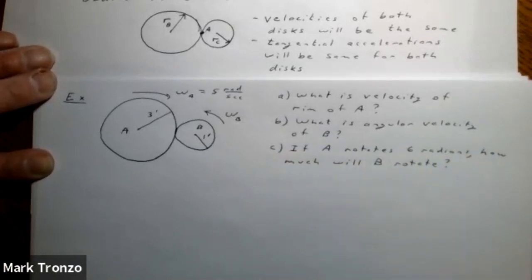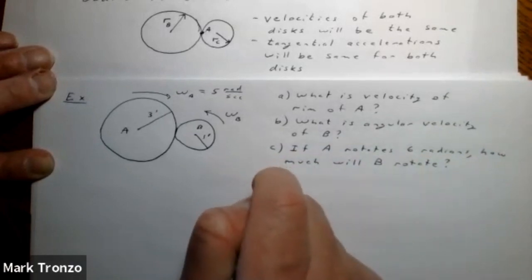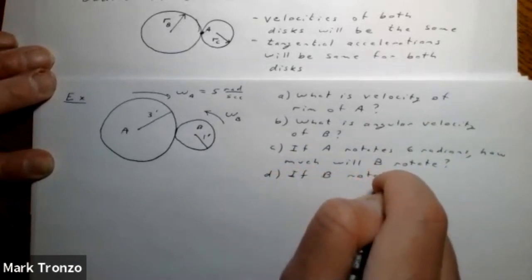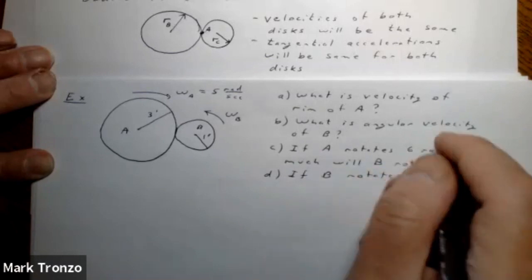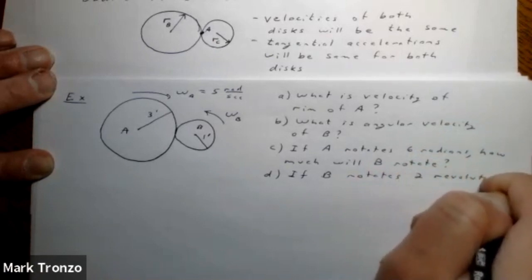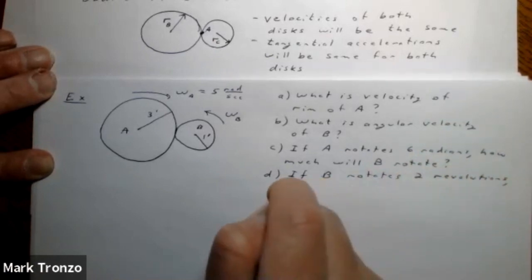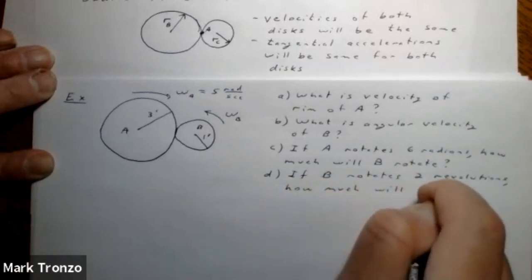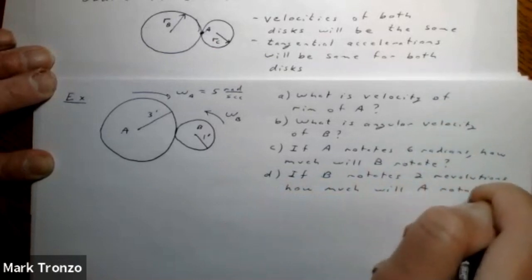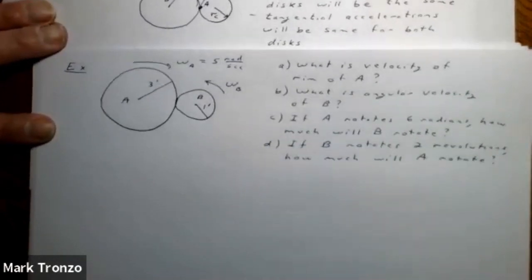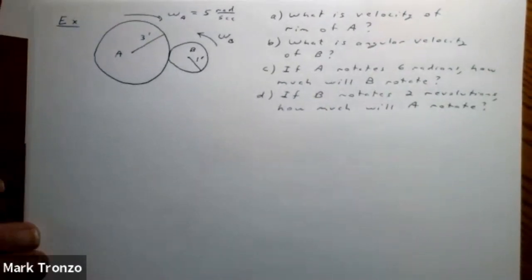And if B rotates 2 revolutions, how much will A rotate? So those are the questions. Let's take a look at this.